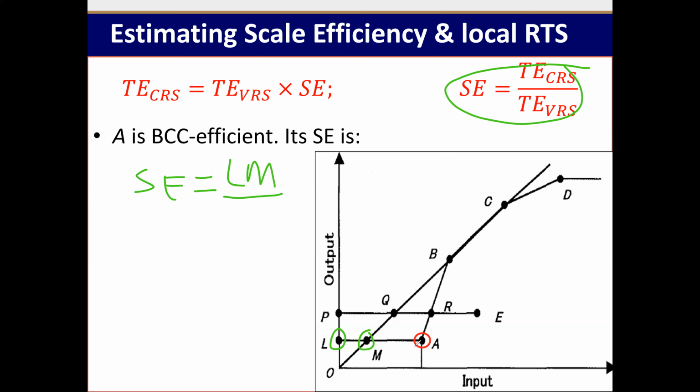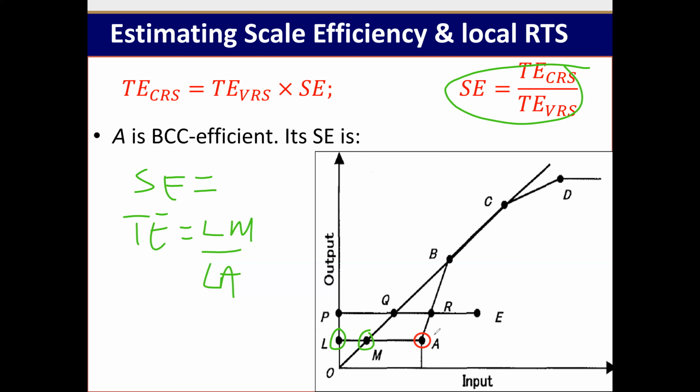So let me do the first one properly. First of all, let's look at the TE. The TE for the CRS is the distance to the CRS frontier, which will be LM, divided by the distance to the firm, which will be LA.